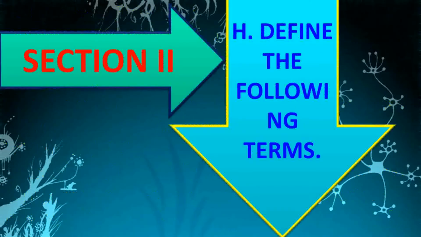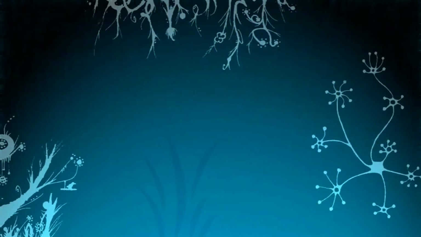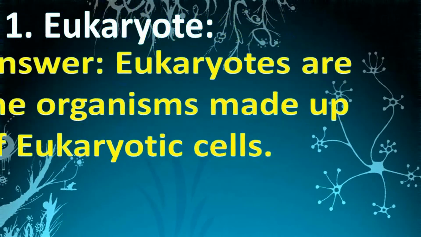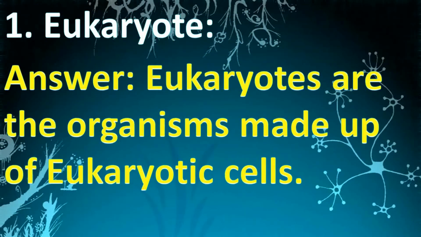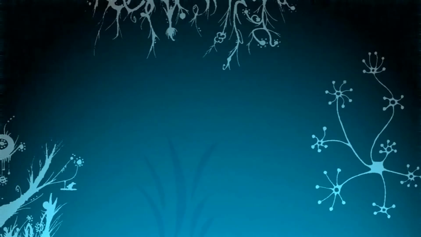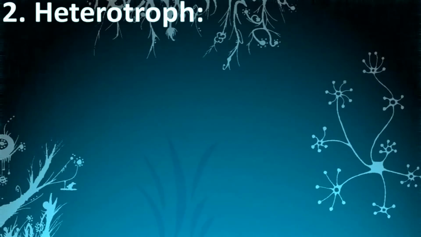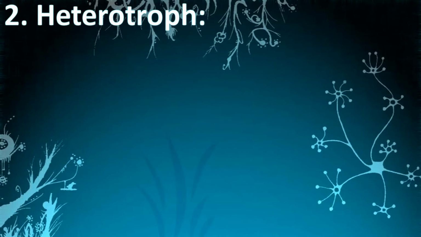Next question. Section 2. Define the following terms. Eukaryote. Eukaryotes are the organisms made up of eukaryotic cells. Heterotroph.